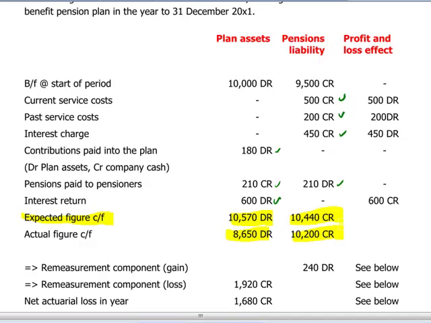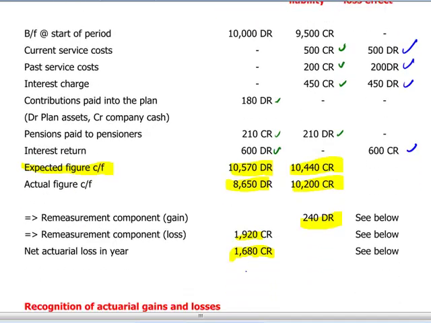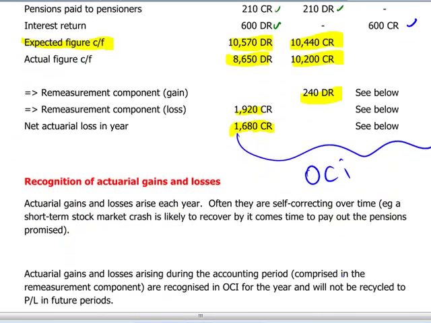On the pension liability we have a gain, but on the pension assets we have a loss, and therefore the net interest component for the period is a loss. Our profit and loss account for the period will be charged with current service cost, past service cost, and the net interest component. The actuarial gains and losses will be reported in other comprehensive income for the year, and will never be recycled to P&L.